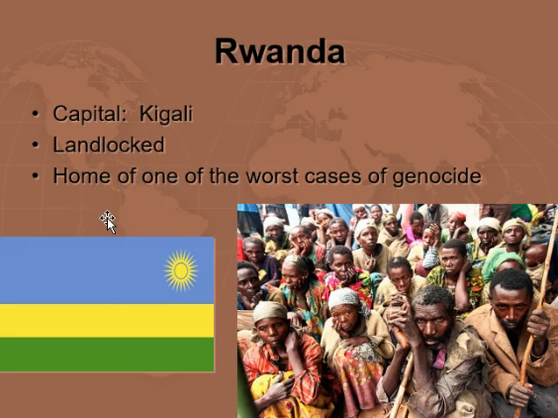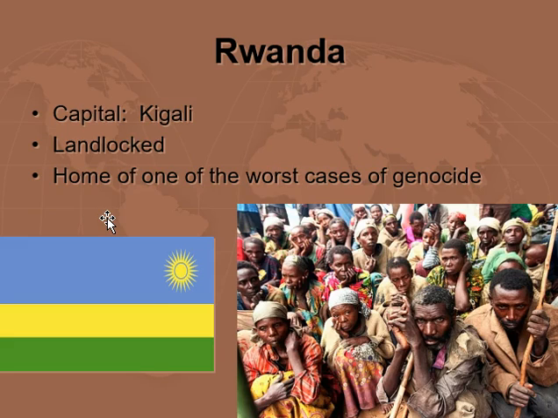The thing that you need to know about Rwanda is that it is the home of one of the worst cases of genocide to happen in the world. Over 800,000 people died as a result of a civil war that took place between the Hutu and Tutsi tribes here. And if you don't know what genocide is, it's the killing of your own people.